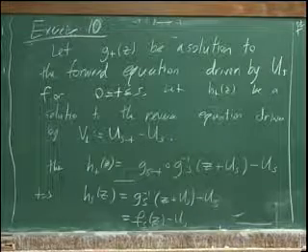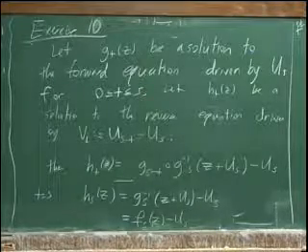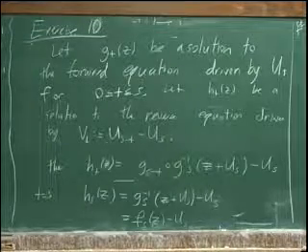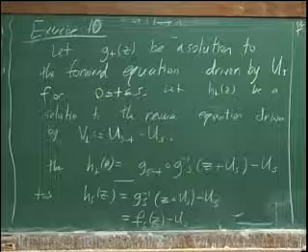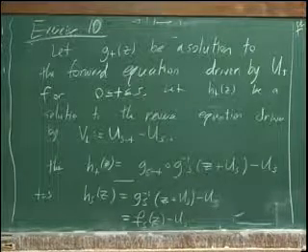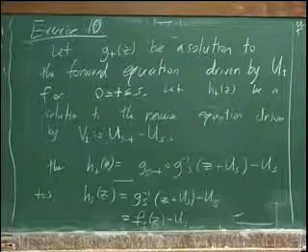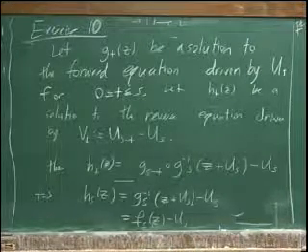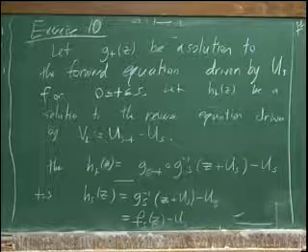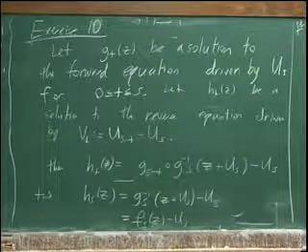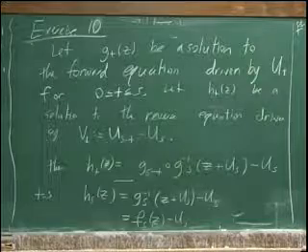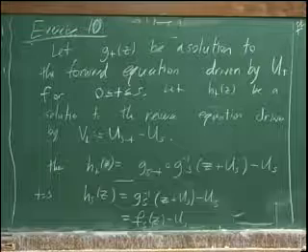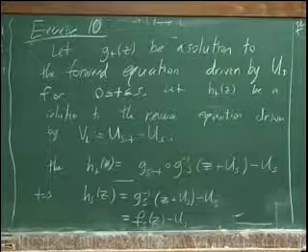So if u sub t is a Brownian motion, and g sub t is a solution to the forward equation driven by u sub t, so we have our standard Schramm-Loewner evolution going forward.